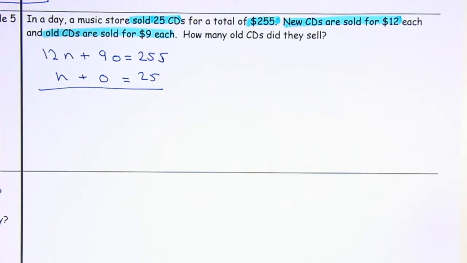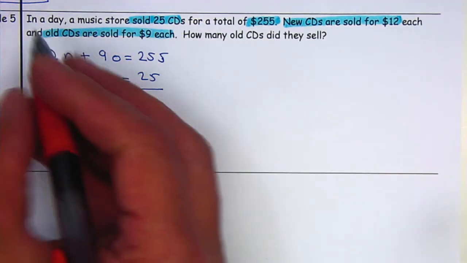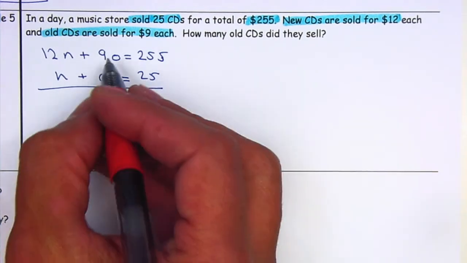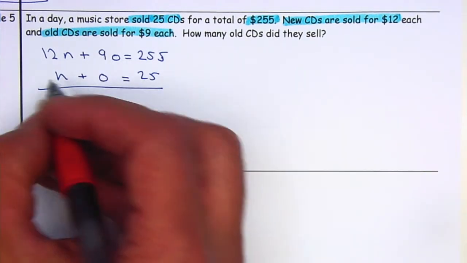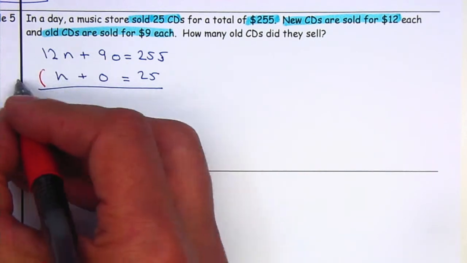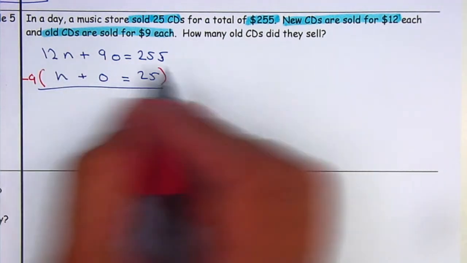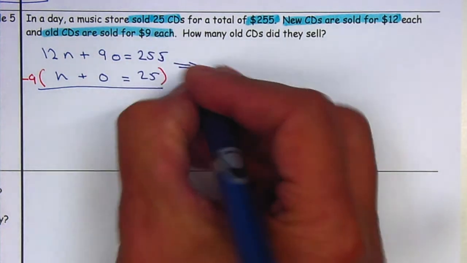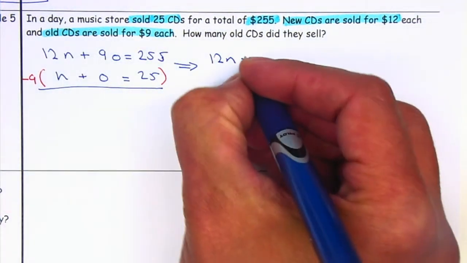Now we can solve it by combination. We want to be able to cancel the n's or the o's. It will be easier to multiply the bottom one by -9 or by -12 if you choose. I prefer using smaller numbers, so I'm going to multiply by -9. The top stays the same.